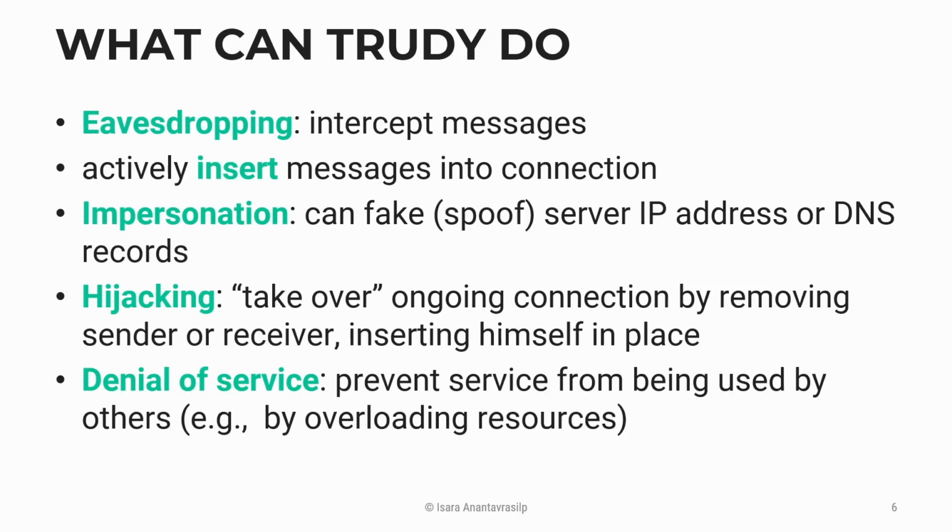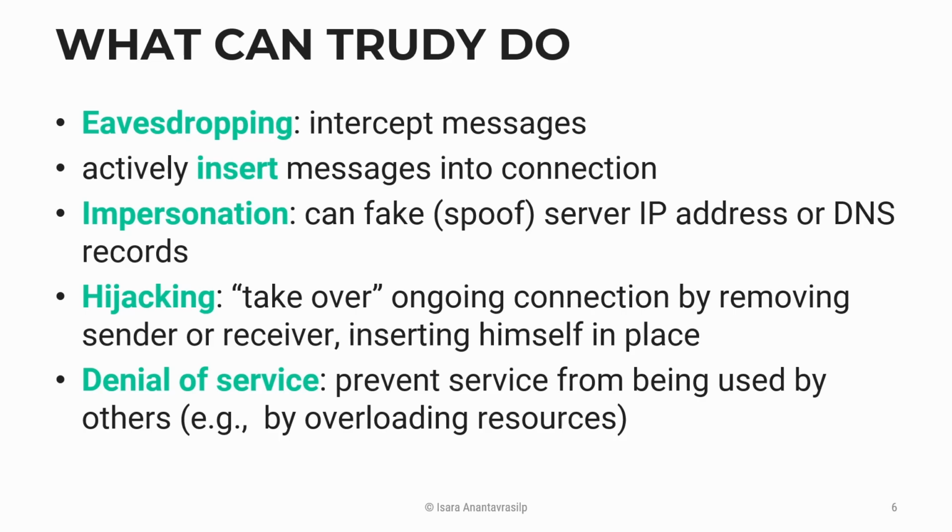So what can Trudy do? First, she can eavesdrop on the messages that are sent between Alice and Bob. Alice and Bob could be sending email to each other, and Trudy simply reads them. Or Alice could be a web browser and Bob the web server, for online banking, Facebook, Hotmail, Gmail, whatever.